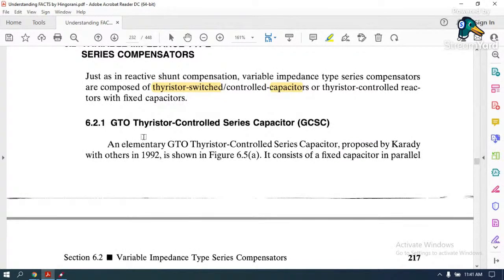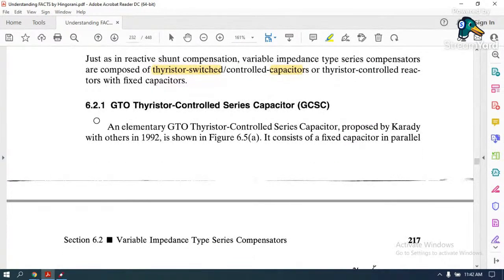So let's see these. The first one is the GTO thyristor controlled series capacitor.